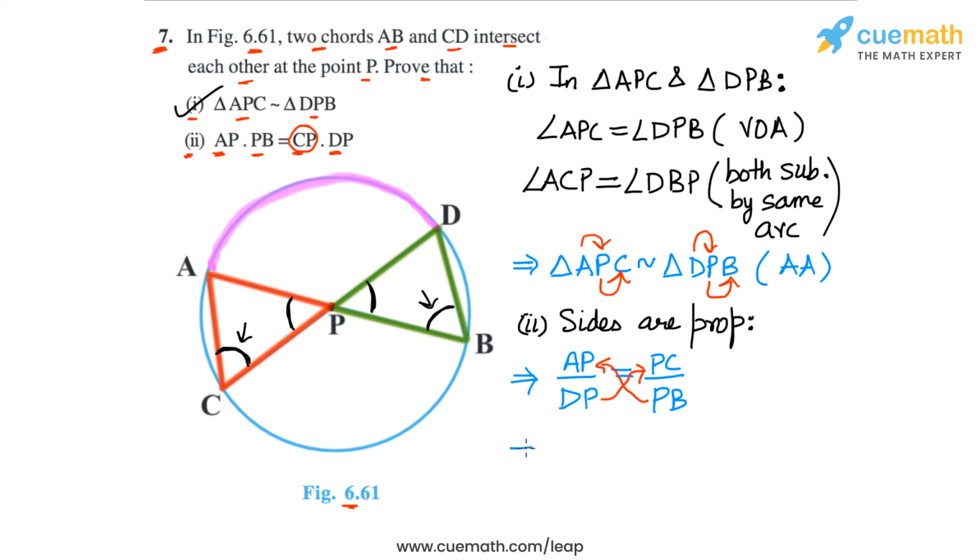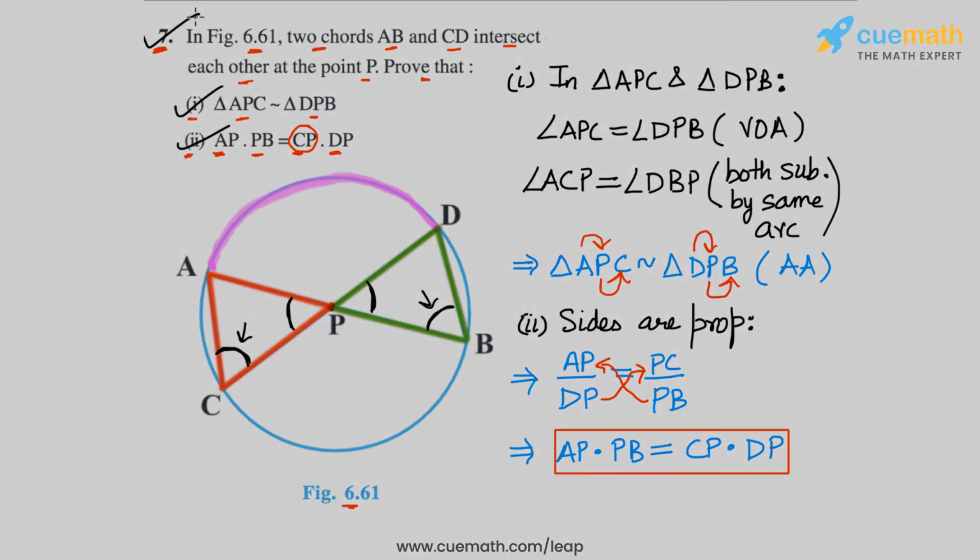So this will give us AP into PB on the left side, and on the right side it will give us PC or CP. So let me write it as CP into DP. And if you observe the statement of part 2, this is what we had to prove. Okay, so this completes part 2, and with this we have completed question number 7.